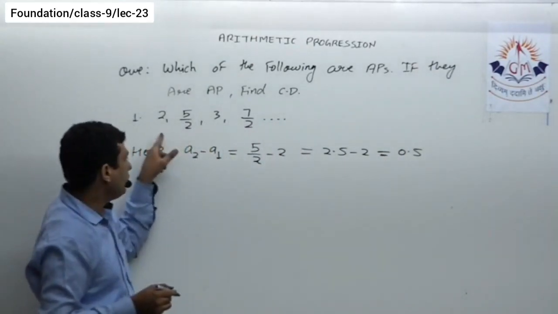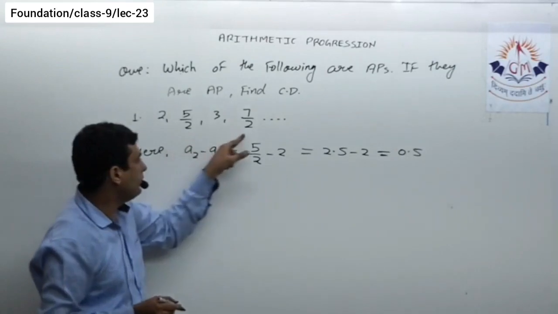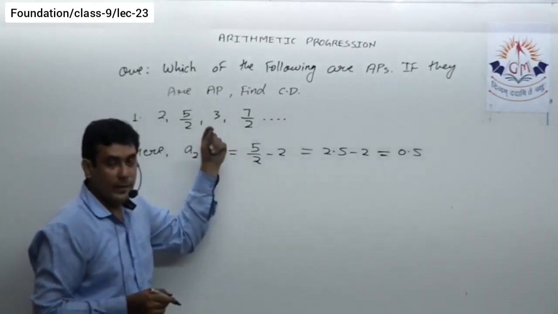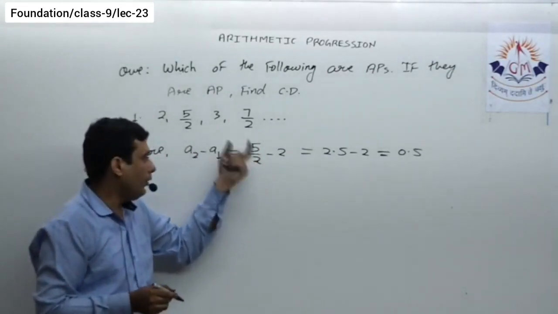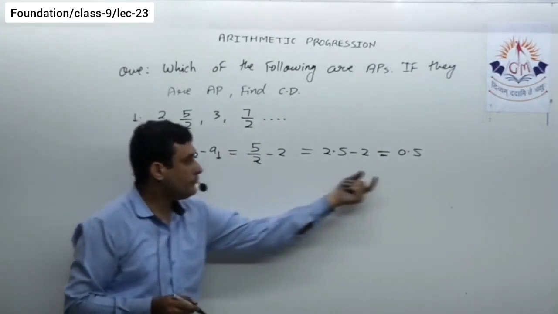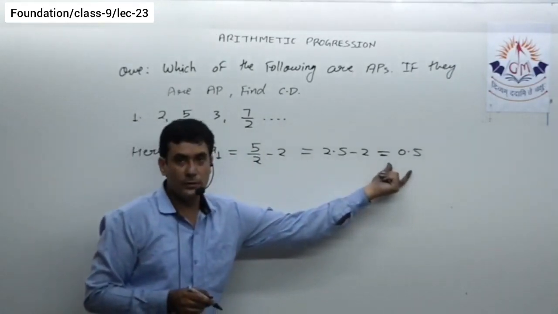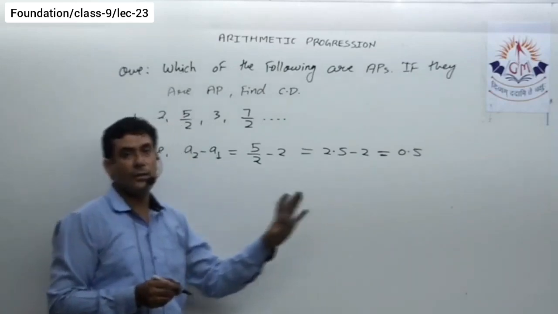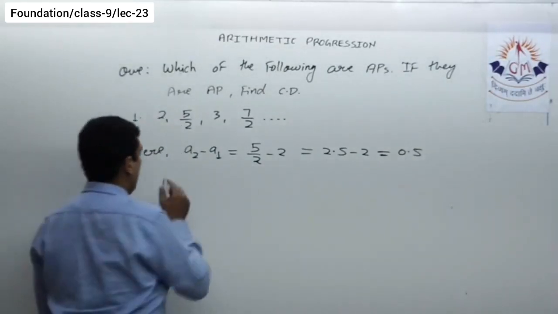So I will check A2 minus A1, then A3 minus A2, then A4 minus A3. If in all cases this difference is the same, then we'll say yes, the given sequence is an AP.